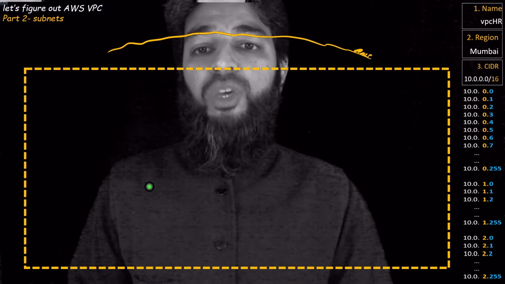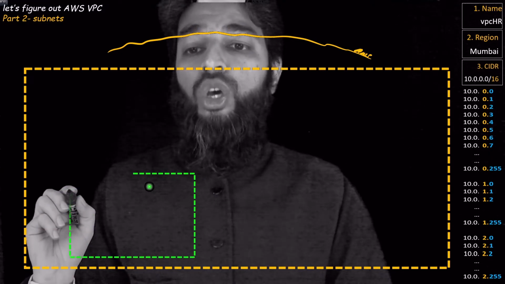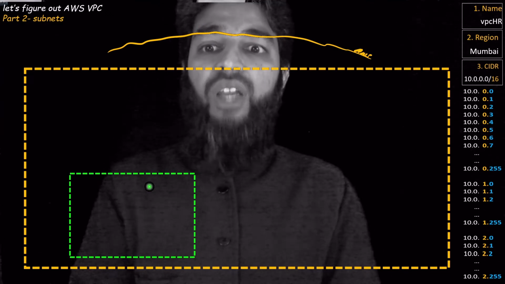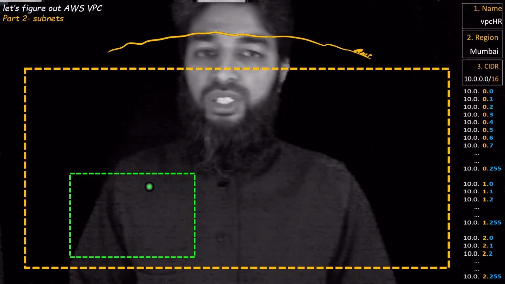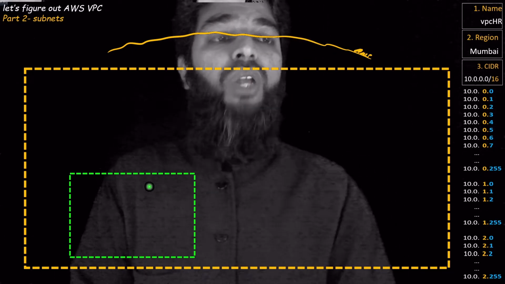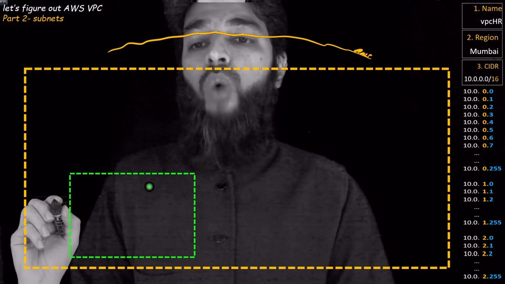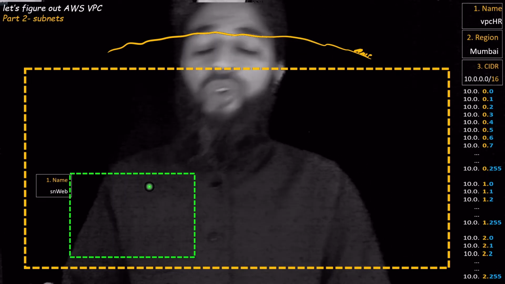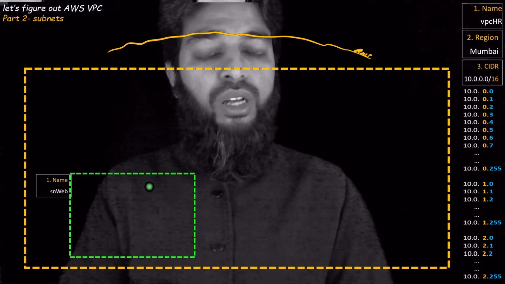So in this case, once you create a VPC, you will create a smaller area within the VPC, which is called a subnet. Now, similar to a VPC, a subnet also has three properties. One, a subnet will have a name. So if you're going to put web servers in the subnet, you will call it SN web.